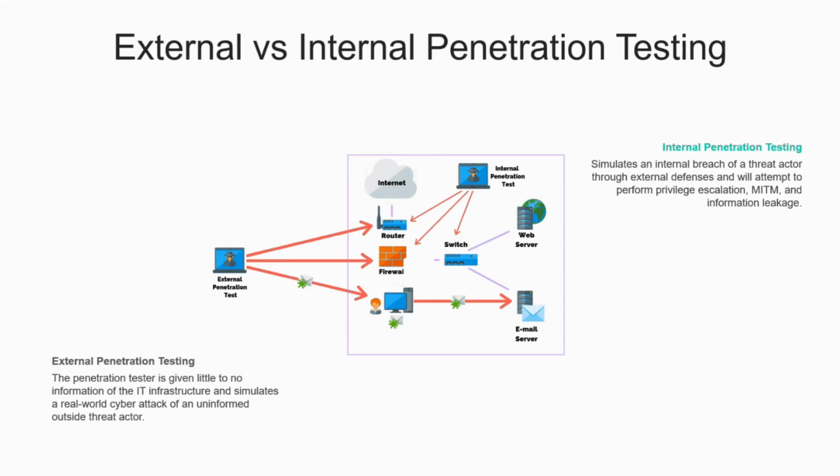There's going to be some methods. It's basically going to test, once an actor gets inside, some of the tools that are leveraged. They might dump password hashes. They might try to elevate permissions. They might do some man-in-the-middle attacks, some DNS spoofing, maybe MAC spoofing, which basically is tricking users from the inside.